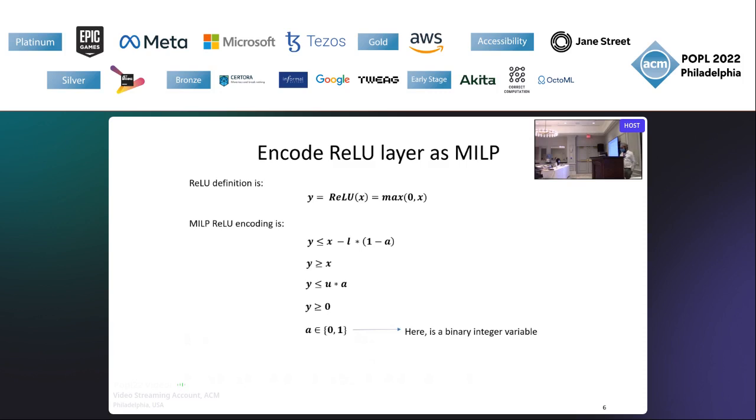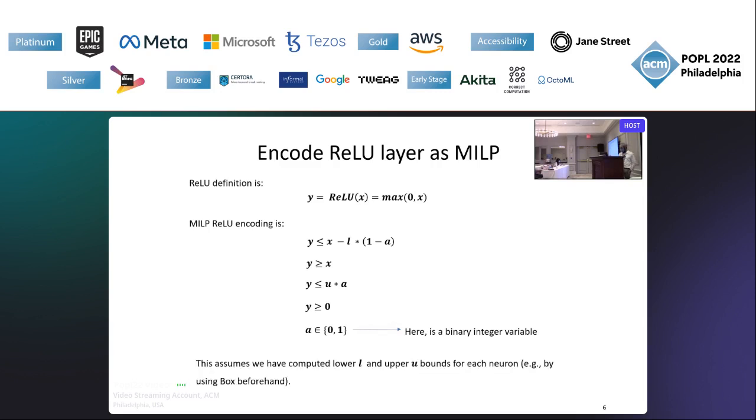Now, what you see is that for each ReLU statement, you have to include an integer variable which only takes 0 or 1 values, right? So each ReLU in this encoding corresponds to an integer variable, and that will introduce branches when you actually try to solve it, and because of that, there is less scalability of these solvers, right?